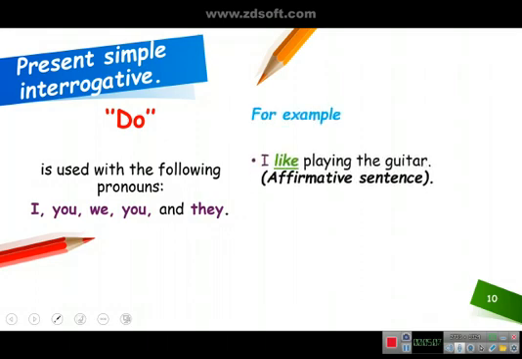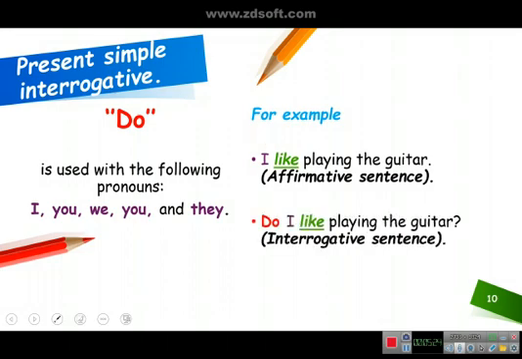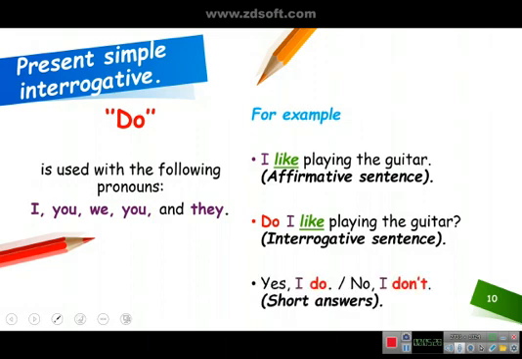For example, I like playing the guitar. This is an affirmative sentence, and the verb is like. To make this sentence interrogative, we add the auxiliary do before the pronoun I, so it becomes, do I like playing the guitar? The answer is, yes, I do, or no, I don't.